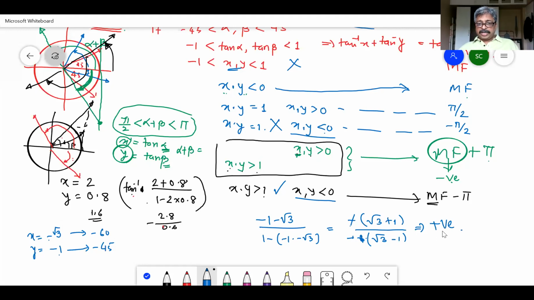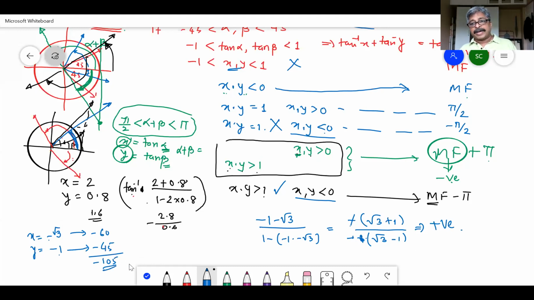If this quantity is positive and you take tan inverse of the positive quantity, you will be somewhere here. So you will get an angle. The moment you take tan inverse, you will get this angle. However, you want minus 60 plus minus 45, which is minus 105 angle.